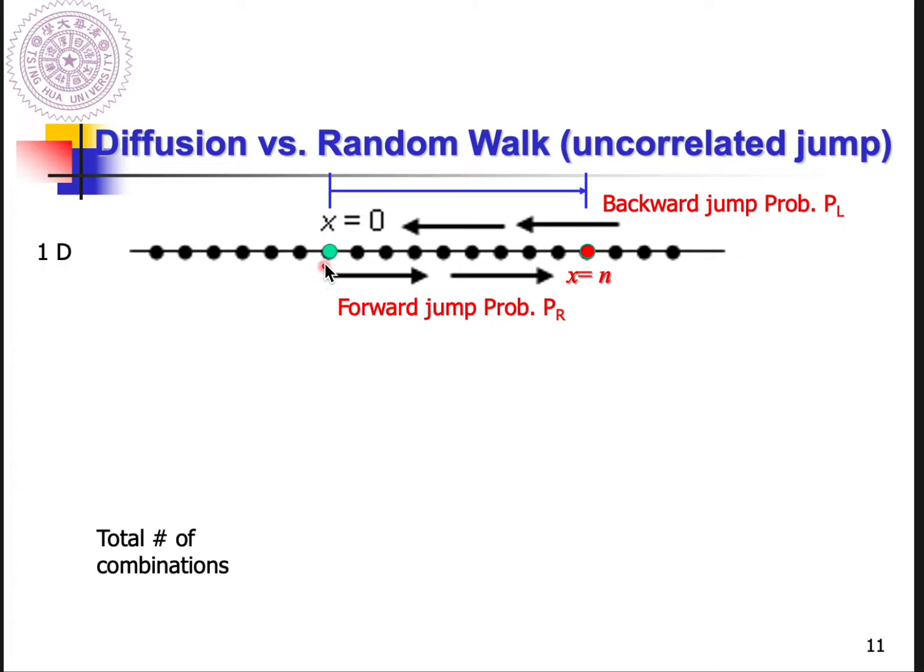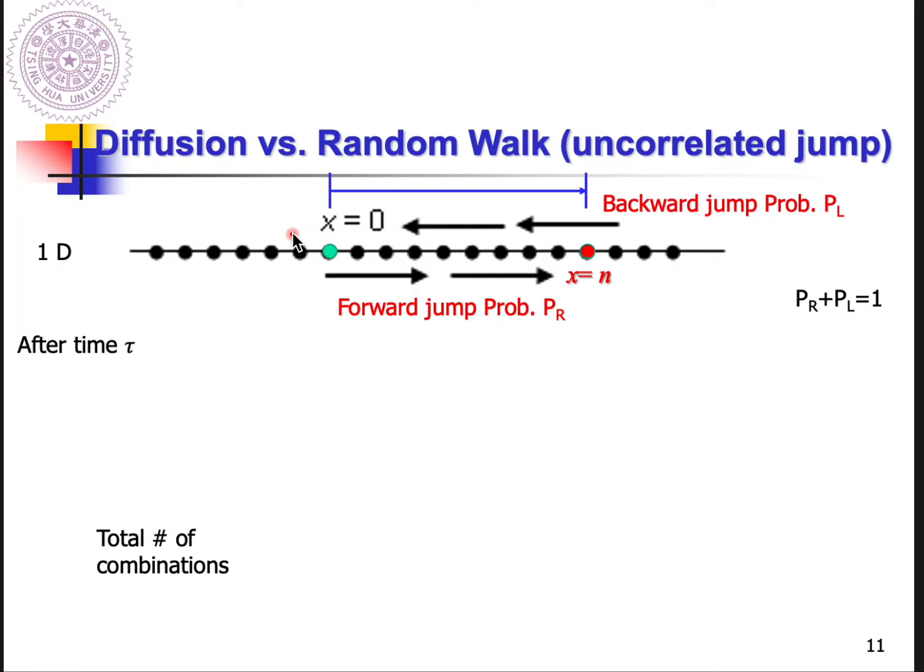We assume the atom either makes a forward jump, and we call the probability PR, or makes a backward jump, and we call the probability PL. So this atom only has two choices, either a forward jump or a backward jump. So PR plus PL equals 1.